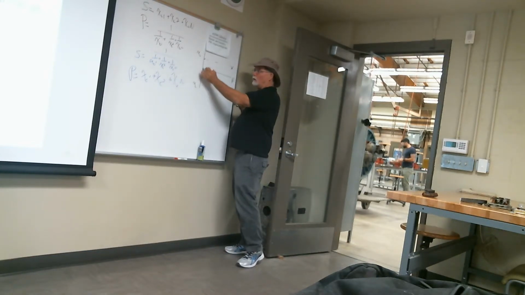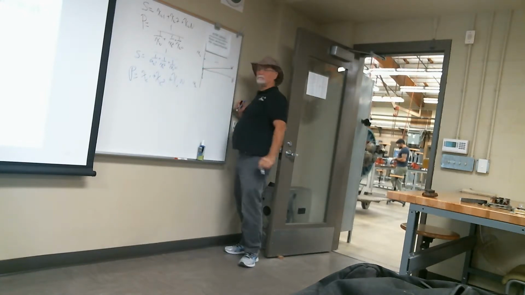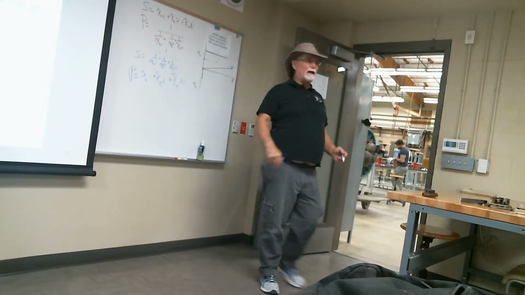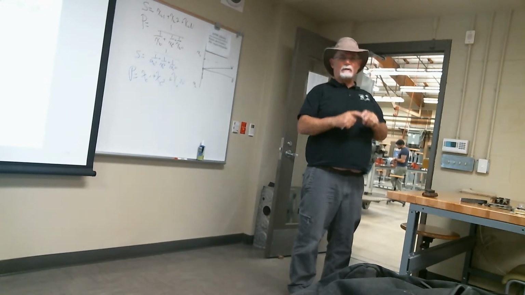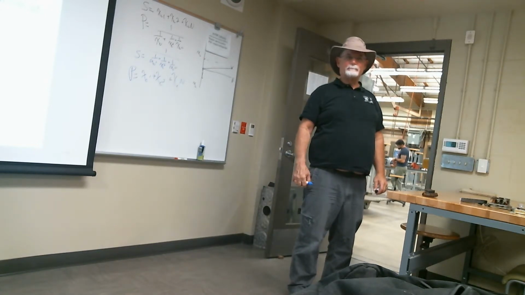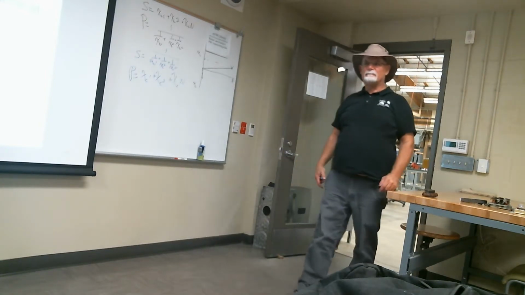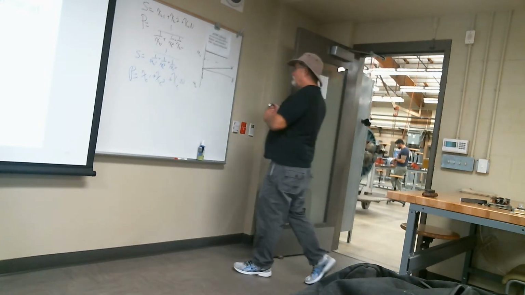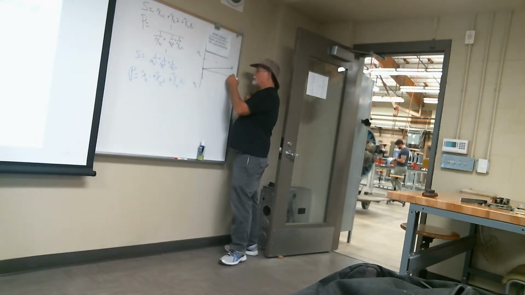And I've got to draw a line from here out to there. The length of that line is my total impedance. How do I figure out what the length of that line is? Can I make a right triangle here?